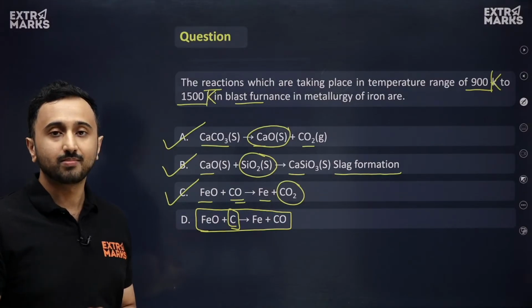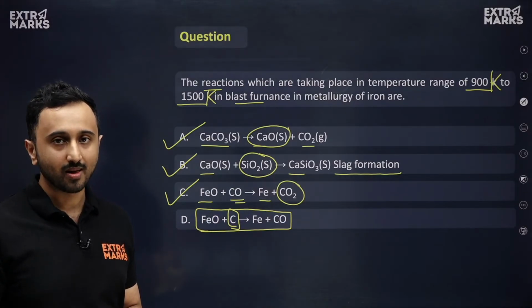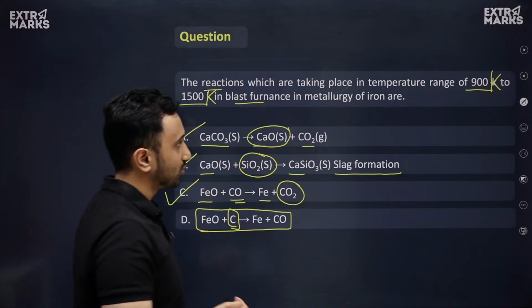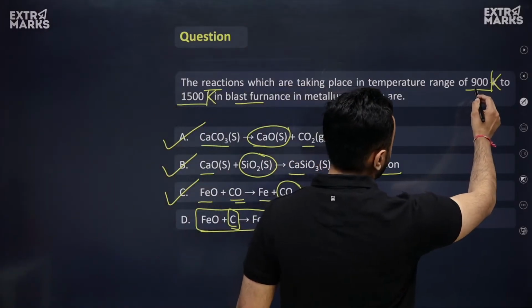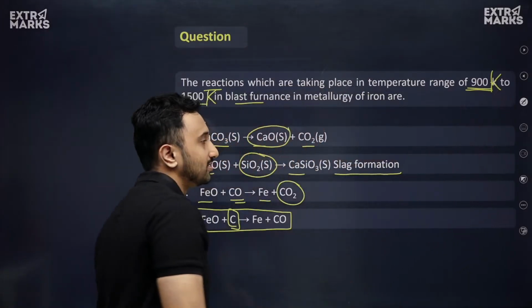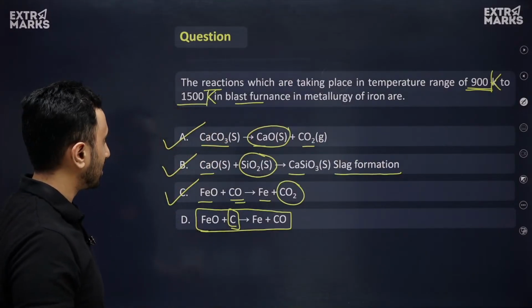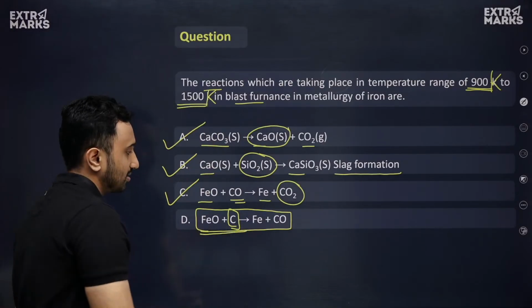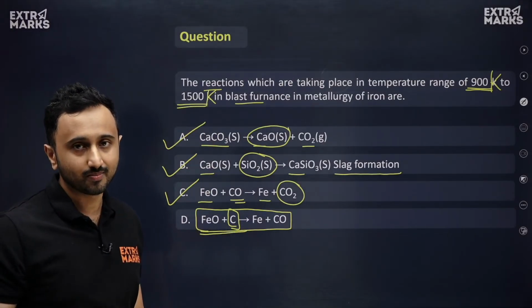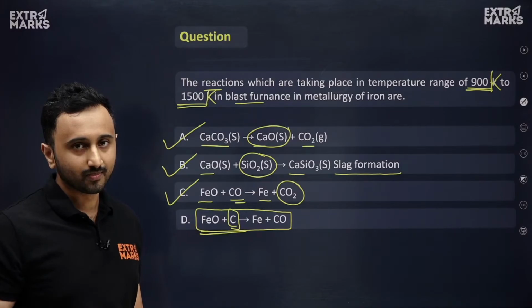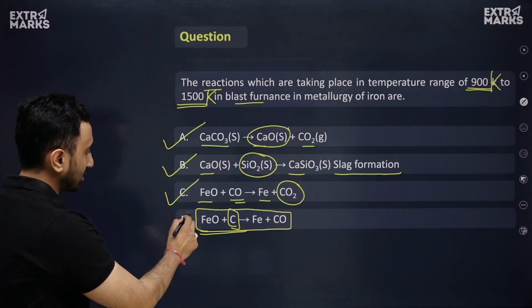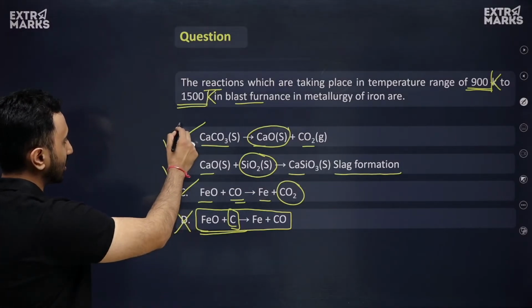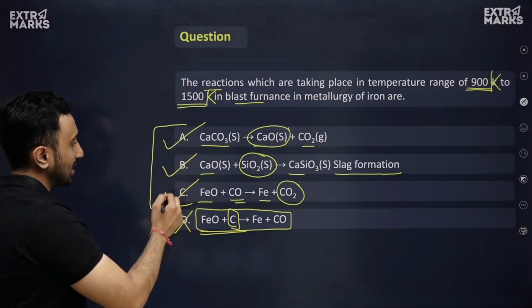Will this happen in the blast furnace? Yes, it will happen. But the question says that we have to identify only those reactions which will happen in this temperature range, 900 Kelvin to 1500 Kelvin. This reaction happens at fairly high temperatures, around 2000 Kelvin. So we must not select this reaction. The only correct option will be A, B and C.